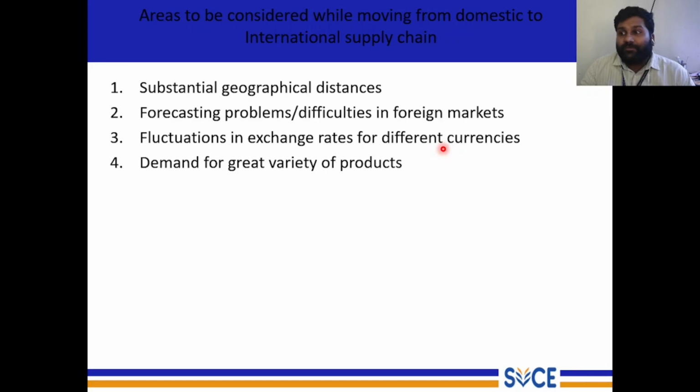Different markets will ask for different variants. For example, the Ford Fiesta in India is a sedan model, while abroad it's a hatchback model. That is one of the differences in the variety of demand for products.